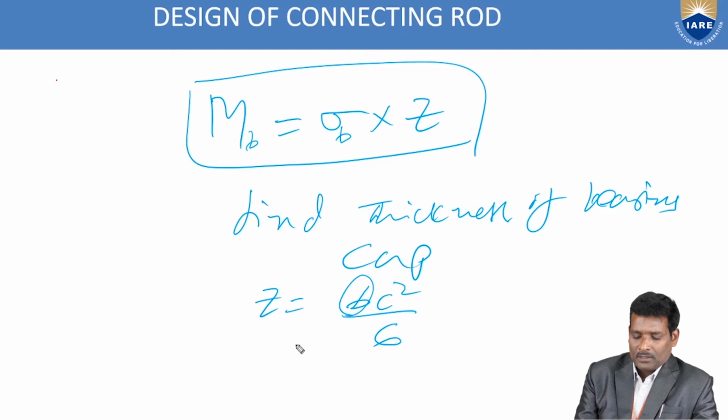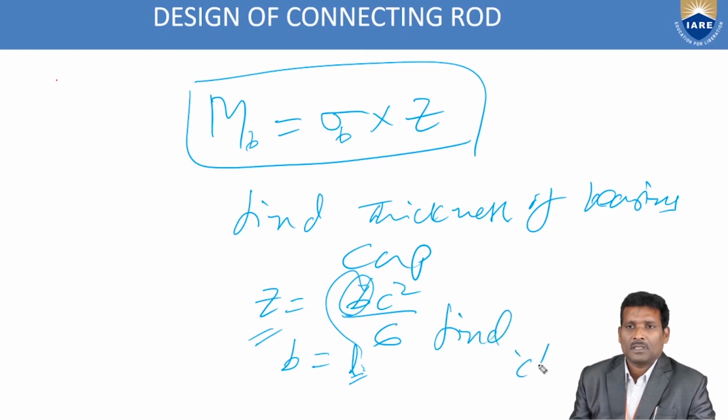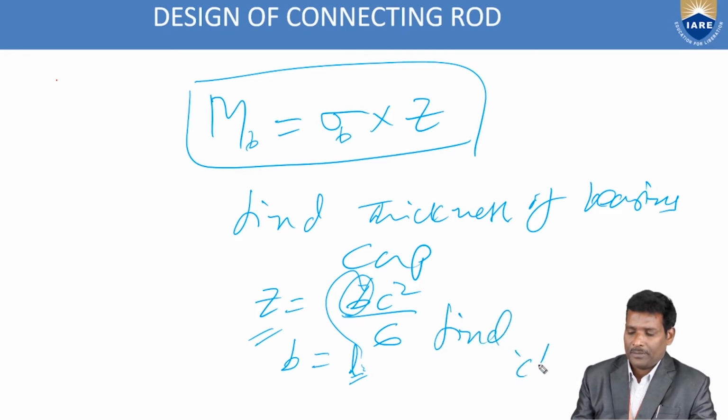You may take B equal to the length of the bearing, which we already calculated in a previous step, since the bearing length is almost equal to the width of the bearing. Substitute this value in this equation, with Z already calculated, and find C. That is the thickness of the cap.